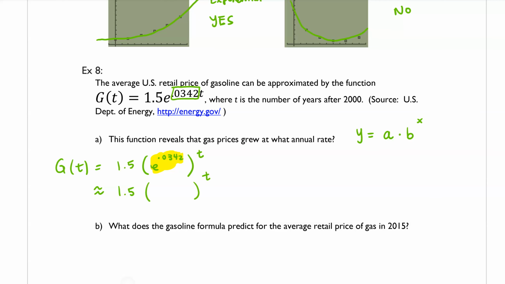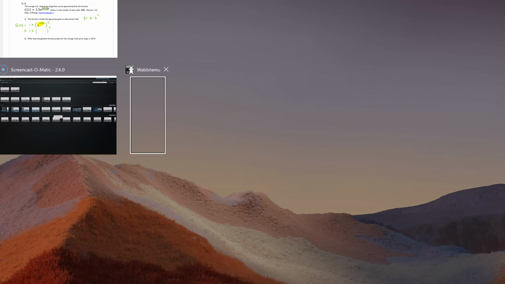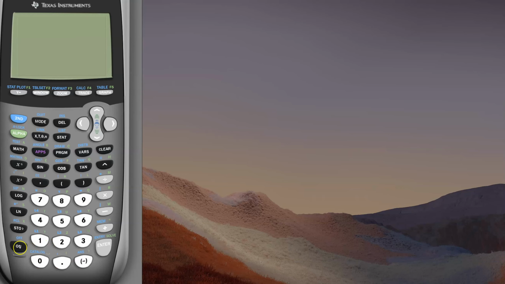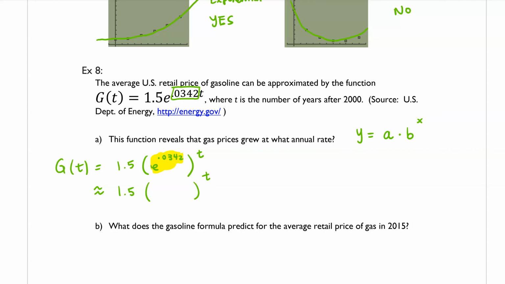So let's go ahead and throw that into the calculator. So I have e to the power of 0.0342. I'm just going to round that number to 3 decimal places. It was 1.035.